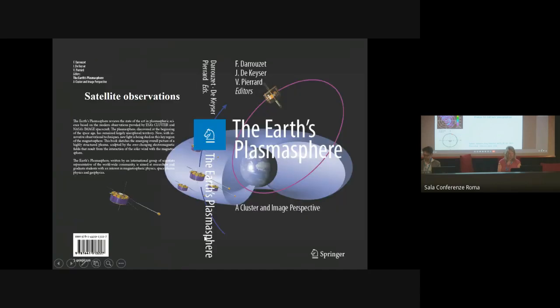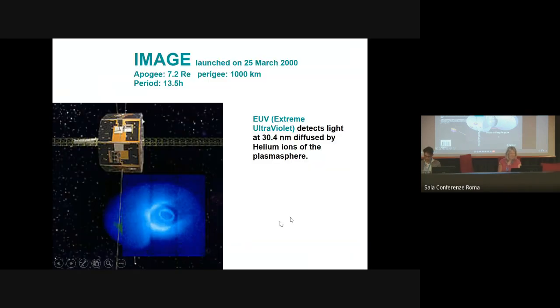So a lot of new observations have been obtained with 2 satellites in the years 2010, typically Cluster and IMAGE. A book was especially published about that, and especially the satellite IMAGE gave for the first time global views of the plasmasphere.